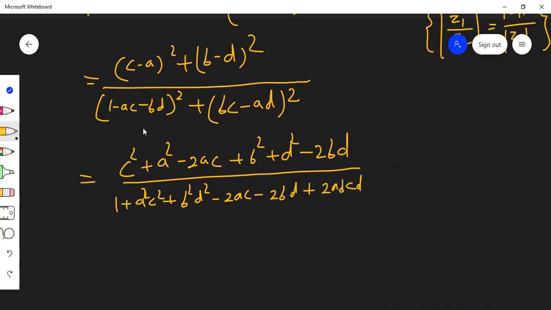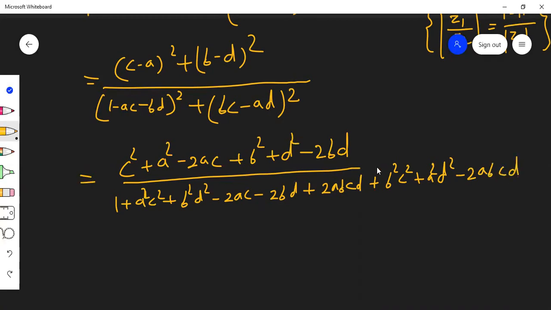This is a minus sign. And plus this thing, which is b squared c squared plus a squared d squared and minus 2abcd.